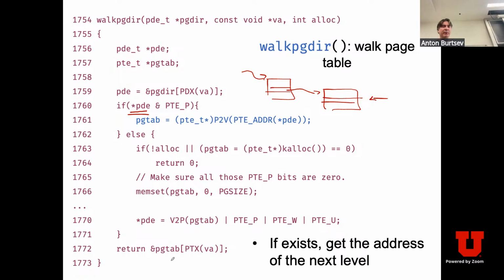And so this is what we will be returning, since we either allocated this page table from the allocator here, or we already had it allocated. And at this point, we just say, look, we have the entry in the page directory. We convert it to a physical address, meaning that we have a pointer to this page table already.